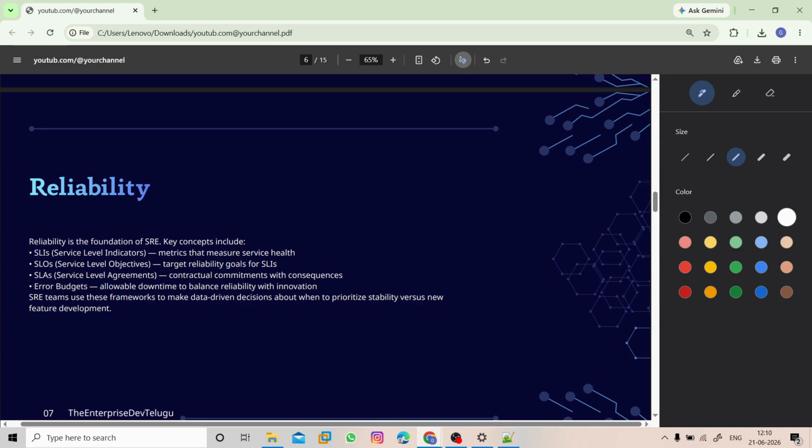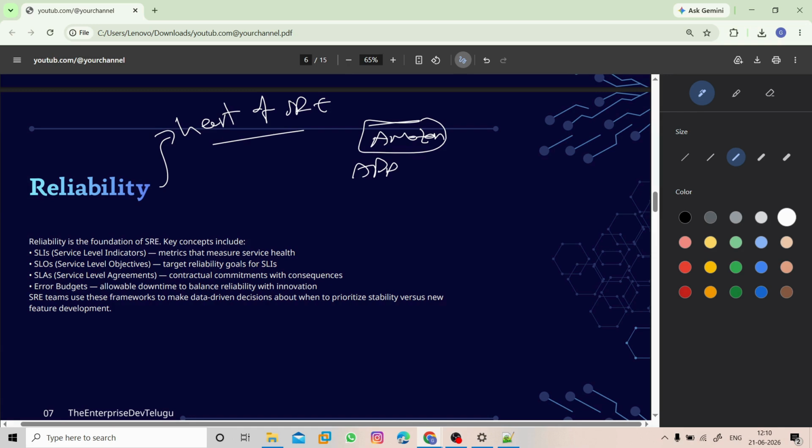So reliability is the heart of SRE. Okay, so let's understand this using the e-commerce application. Suppose we have the Amazon application. Imagine Amazon receives thousands of requests.